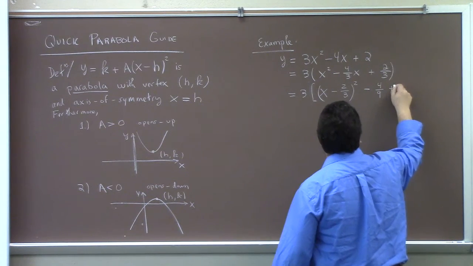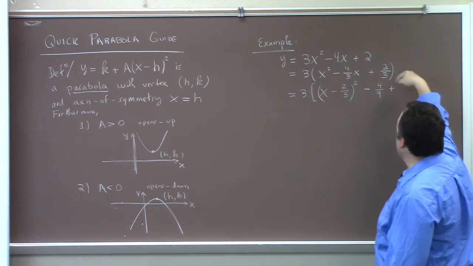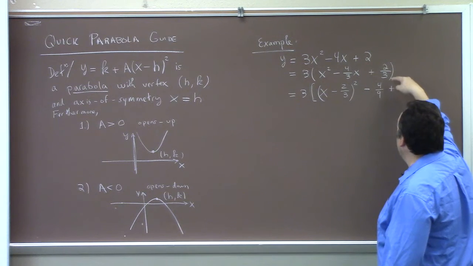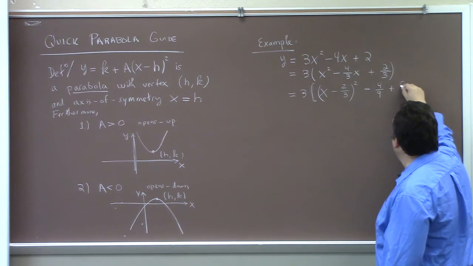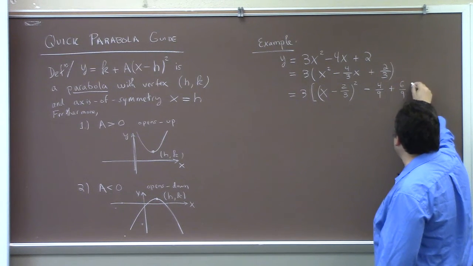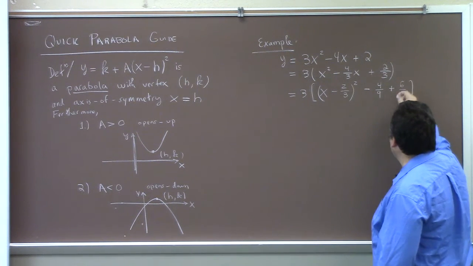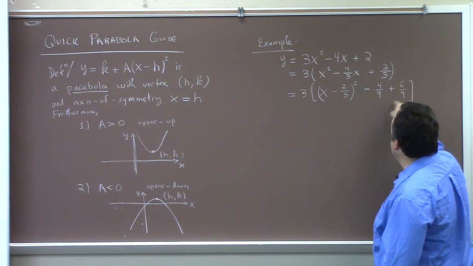I'm going to rewrite that 2/3 in terms of ninths. How many ninths is 2/3? 6/9, isn't it? I'm doing that so that I can think about the next step more easily. 2/9, right?